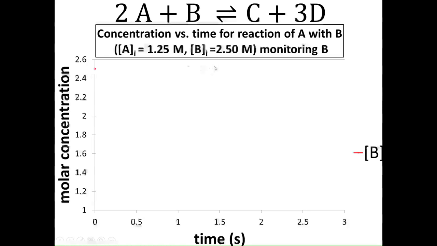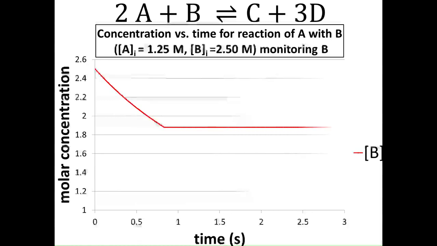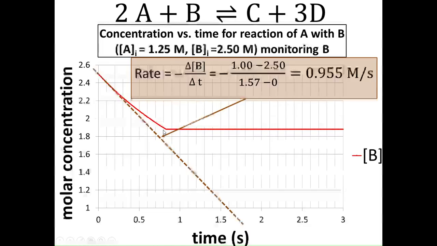So we've flipped it from last time, from the second trial. And we run that, and of course A runs out really fast because it's getting used up twice as fast as B, so we flatten out sooner. So we go check our rate, and here again, using X and Y intercepts, we figure out our rate under those conditions of 1.25 molar A and 2.5 molar B initially.